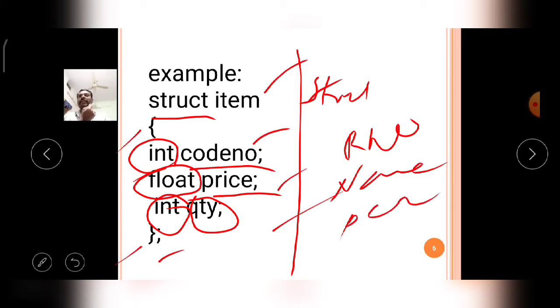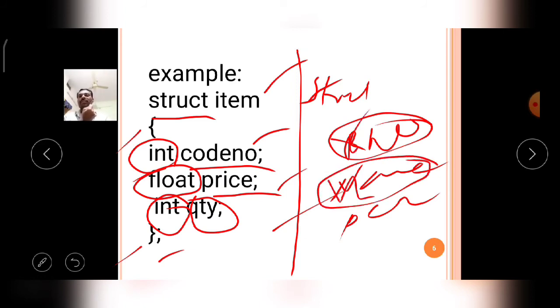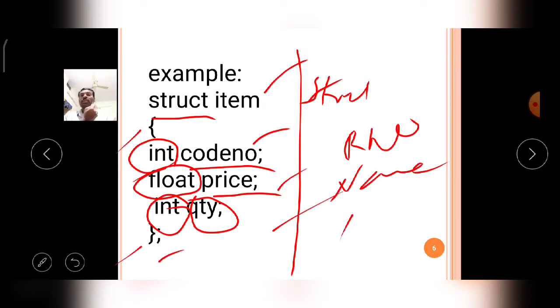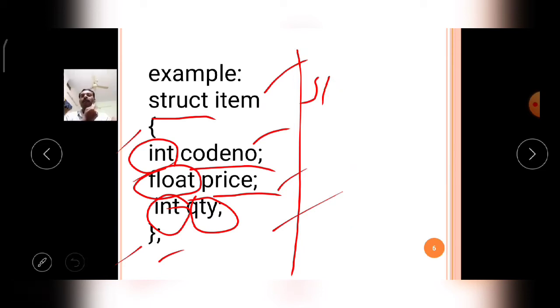Okay, so here RNO is the integer data type, then name is the string data type, then percentage is the float data type of the student structure. Okay, like that also you can create.